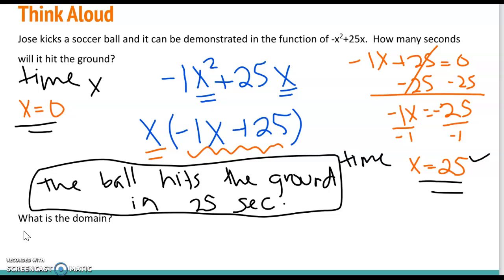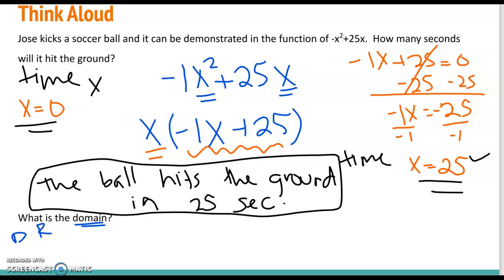Our second question is down here, and it's asking what is the domain? Remember, domain, I always think of Dr. XY. Domain means all of our x values. And just before this problem, we just solved for x. We know x is going to be 0, and we know our x is going to be 25.